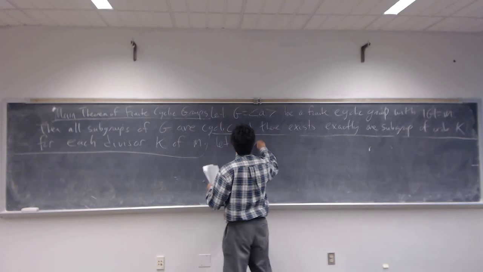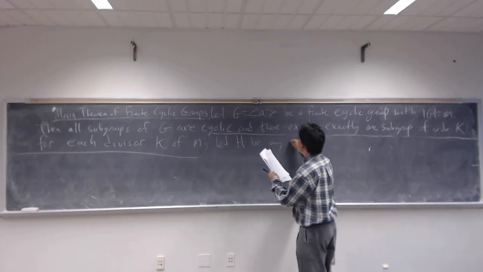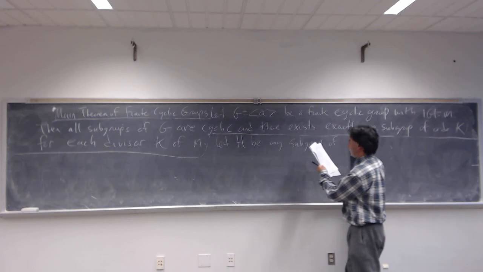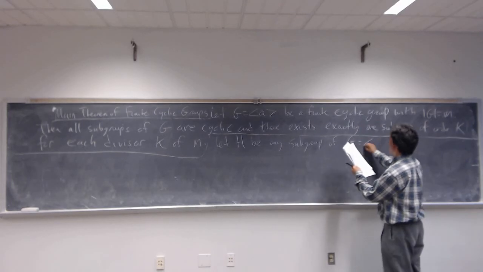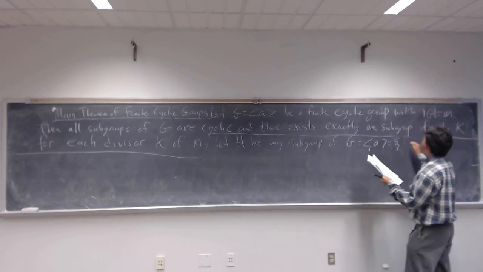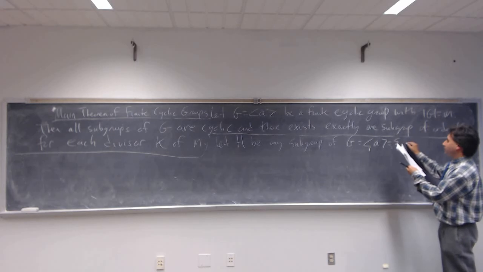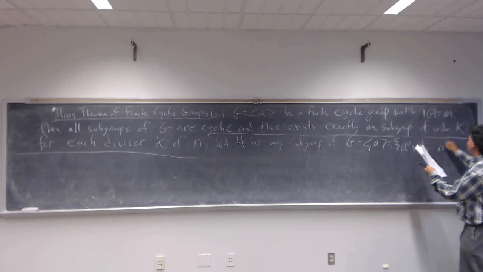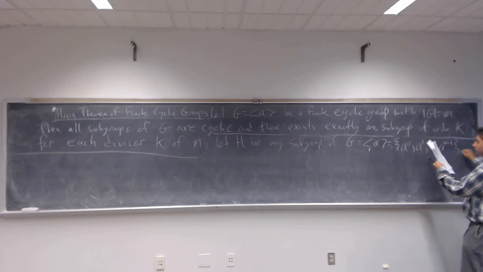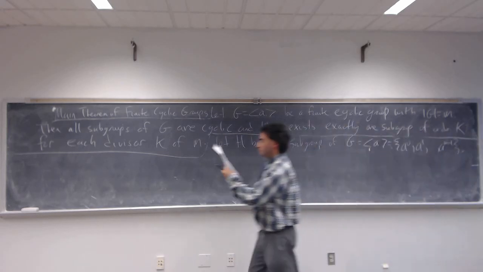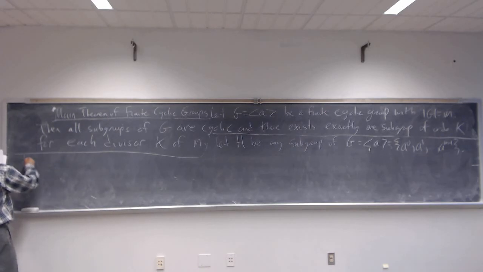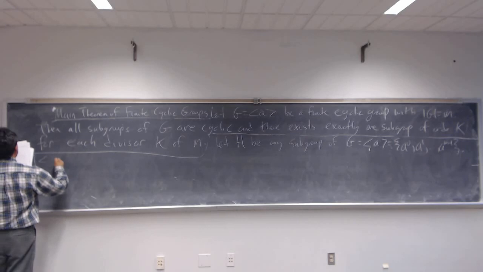Let H be any subgroup. Now since G is finite, we can list all the elements: there's the identity, which is a to the 0, a to the 1, up to a to the n minus 1. Let's remark right off the bat, H must be finite.